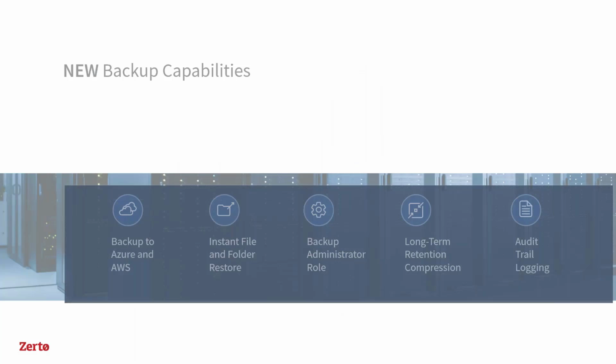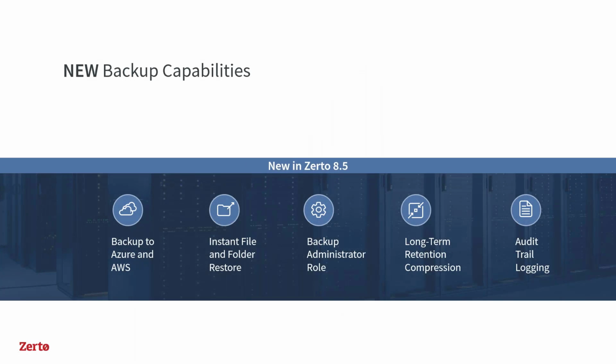Now, in Zerto 8.5, which actually got released a couple of weeks ago, we've added new backup capabilities. And like I said before, we've added backup to AWS and Azure. We've added the capability to instantly recover files and folders back to the production systems. So instead of downloading them first, you can now directly recover them back to its original source host. We've added role-based access control components, making sure you have segregation of management for those backup type of roles.